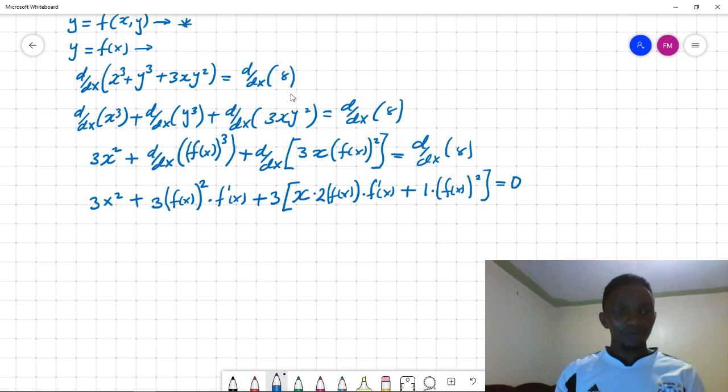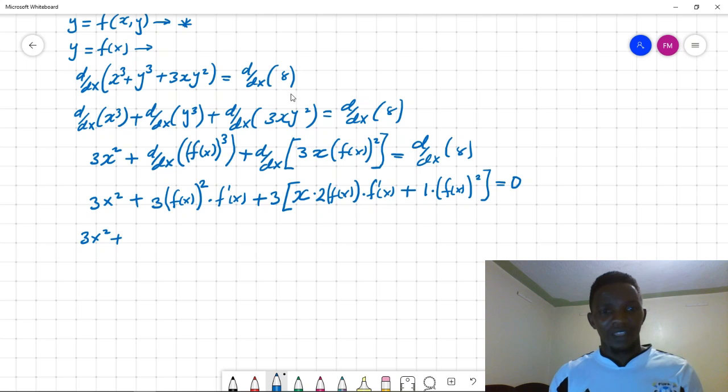Okay, so we proceed. So here we have 3x squared plus f of x is the same as y. So here we can have this to be y, then this will be y prime, so this is going to give us 3y squared y prime.